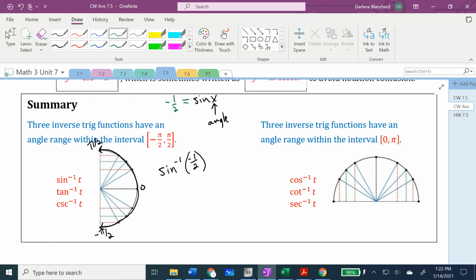But there's only one allowable answer. So you look at the y-coordinate -1/2 and you identify which angle. That is the angle negative pi over 6.